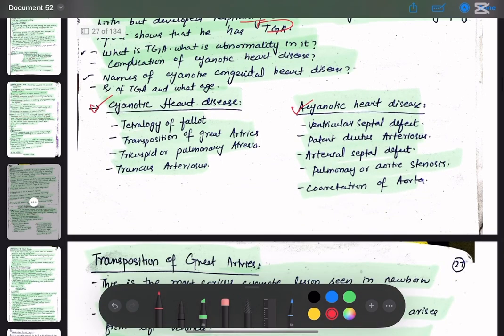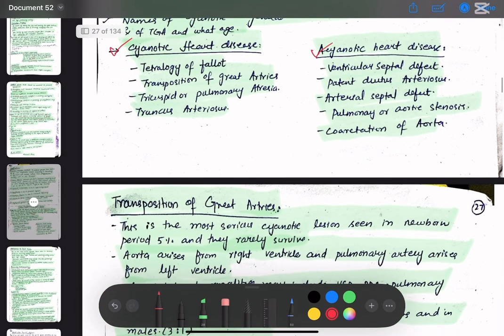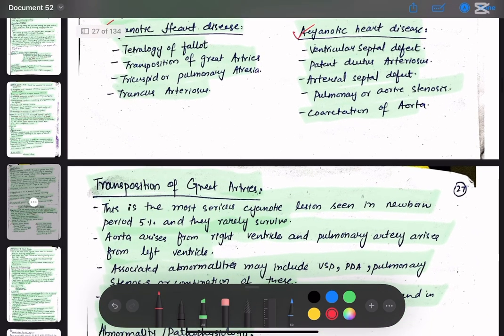So these are the cyanotic heart diseases: truncus arteriosus, tricuspid or pulmonary atresia, transposition of great arteries, and tetralogy of Fallot. And these are the acyanotic heart diseases, that is VSD, PDA, ASD, pulmonary or aortic stenosis, and coarctation of aorta.